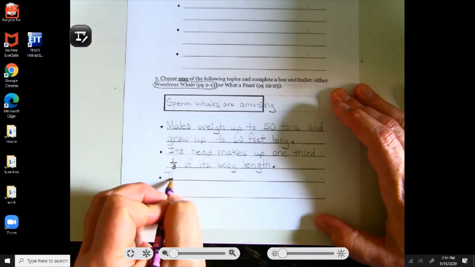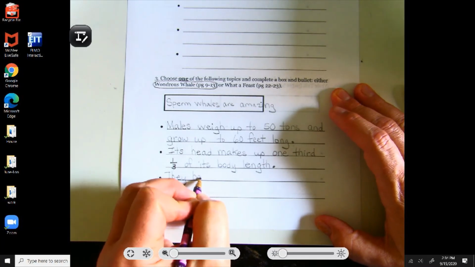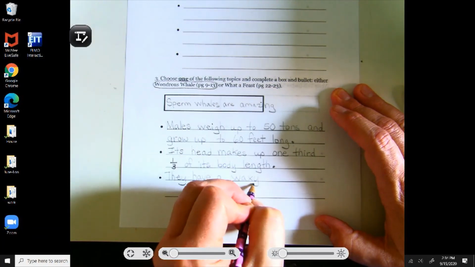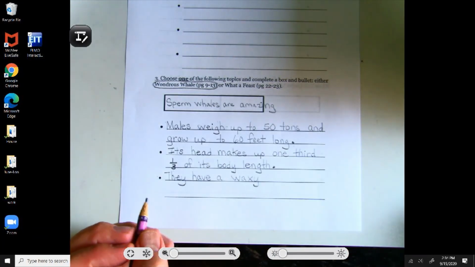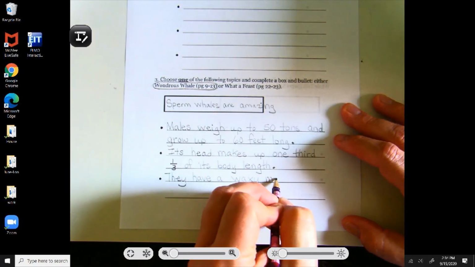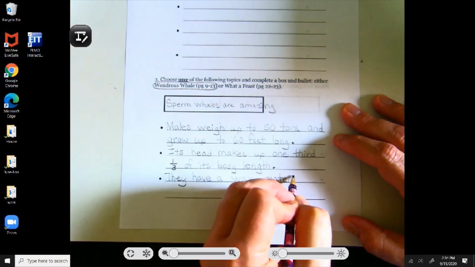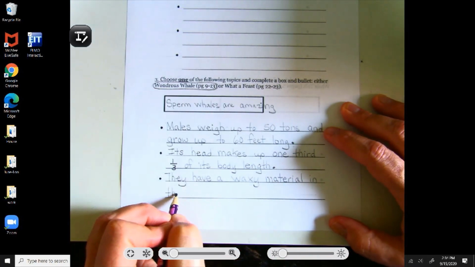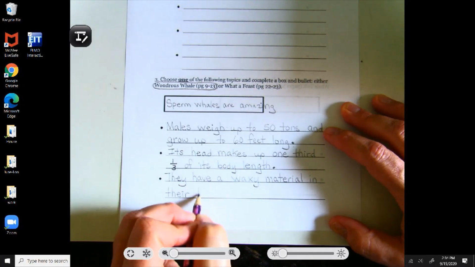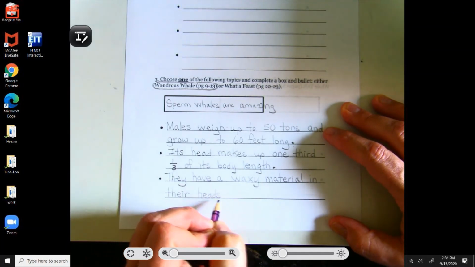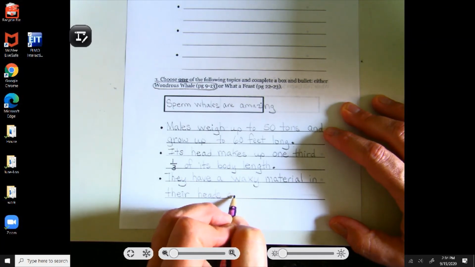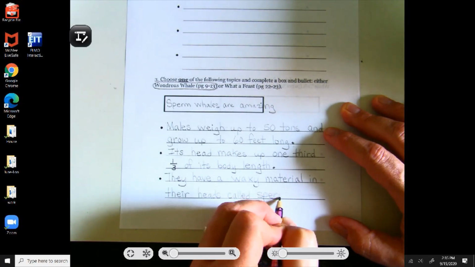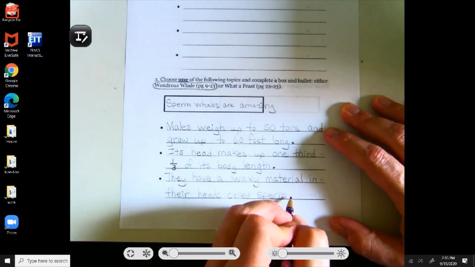So could we say they have a waxy material in their heads called spermaceti.